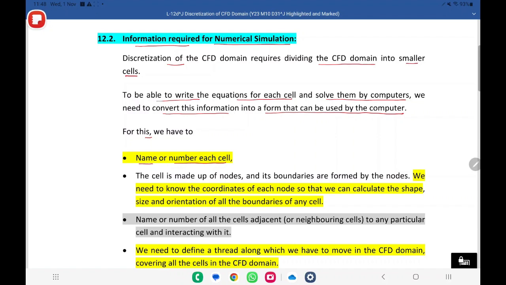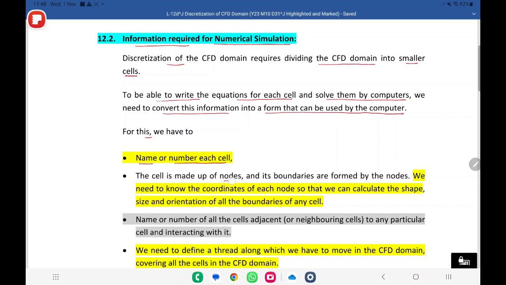You cannot give so many different, unrelated names. Naming means you identify the cell so that if you want to instruct the computer which cell to use, the computer knows which cell you are talking about.